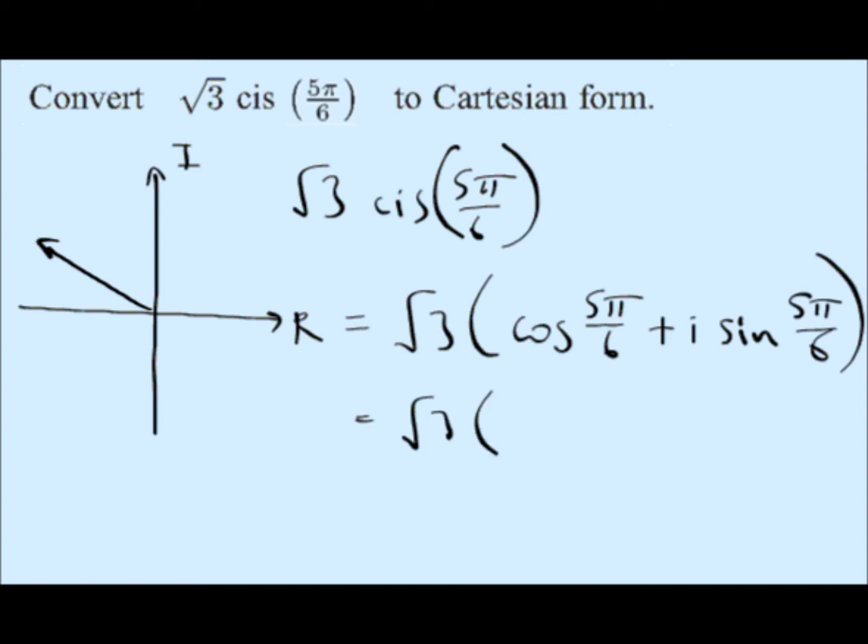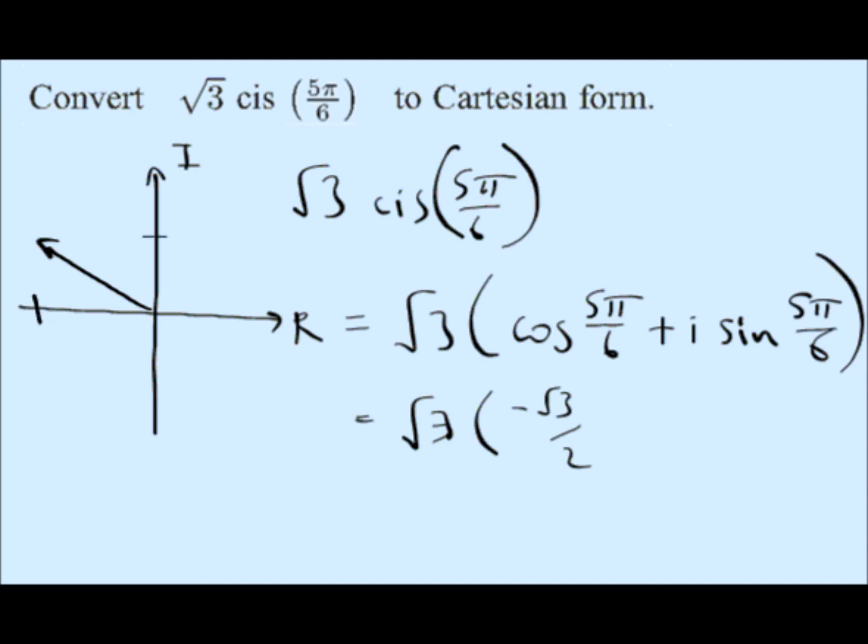So, what is the cosine of 5 pi on 6? We know we're over here, so it's a negative value for cosine, and if we work out the cosine of pi on 6, we get root 3 on 2. So in that quadrant, we have negative root 3 on 2, and the sine of 5 pi on 6 would be positive 1/2.